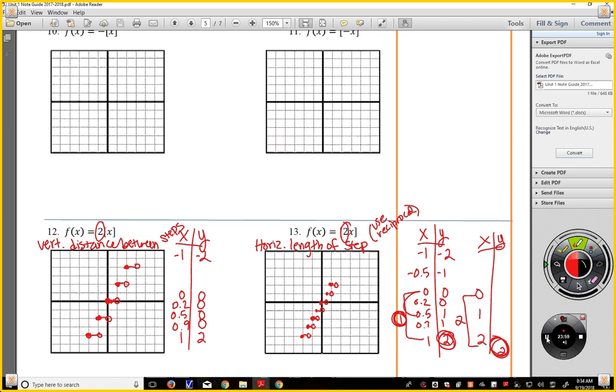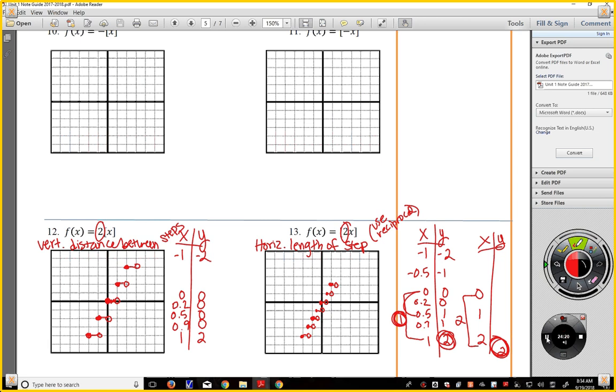So that's why it's affecting something vertical. Where this 2 is being applied before you do the rounding. So in the parent function, that would have been like the x values were the numbers before they were rounded. Okay, but the relationship's a little bit weird, right? But we still understand that it's something horizontal because it's affecting the x values. Okay, is this all right with everybody?